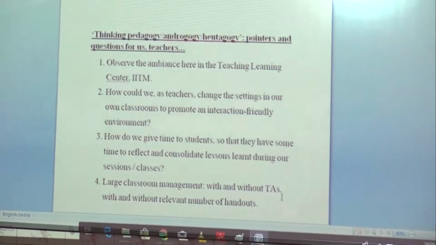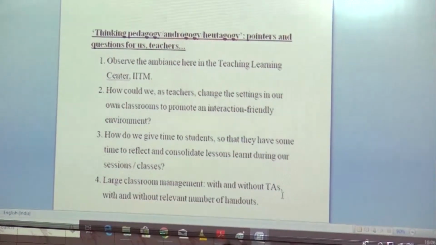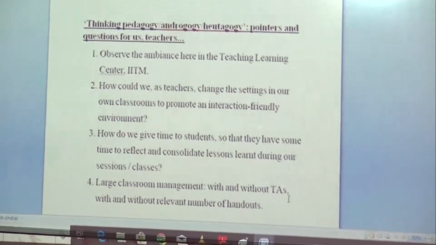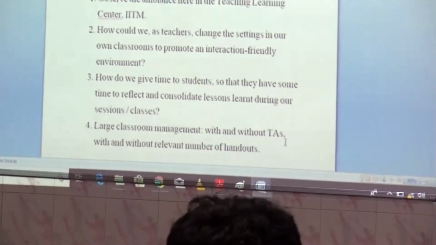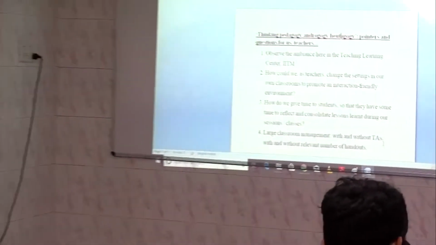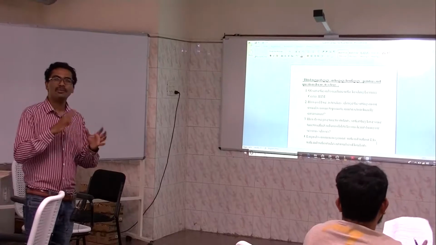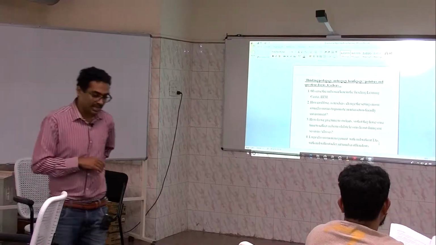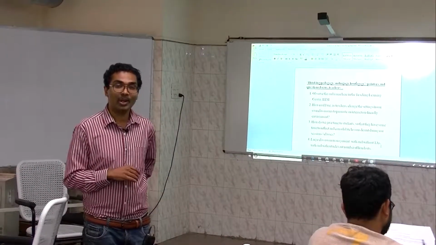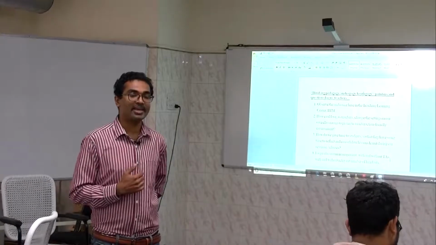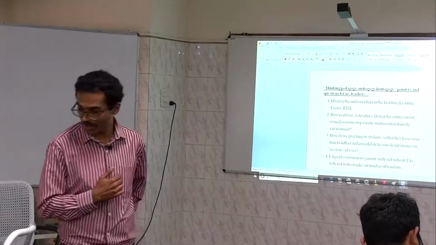For example, how would we change our own classroom setting? Do we give time to students to reflect, to learn, to absorb the lessons that we teach them? And how do we think about large classroom management? That's going to be a dangling question for a long time. But nonetheless, it is, I think, important for teachers to think about this.